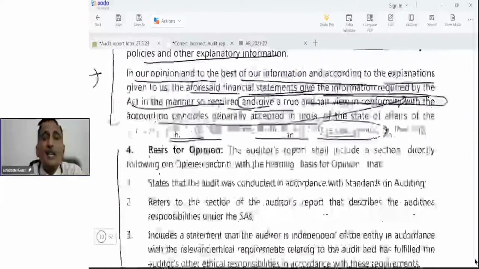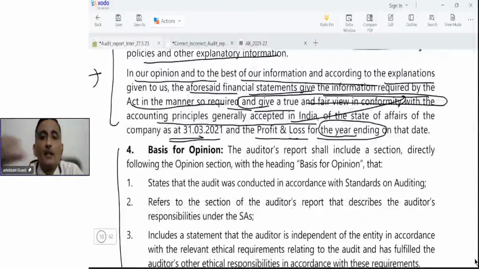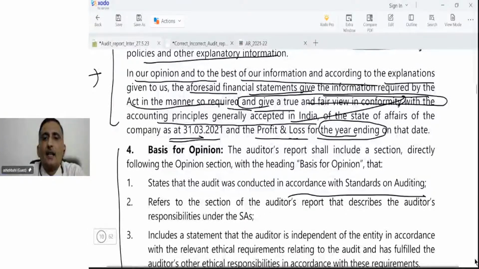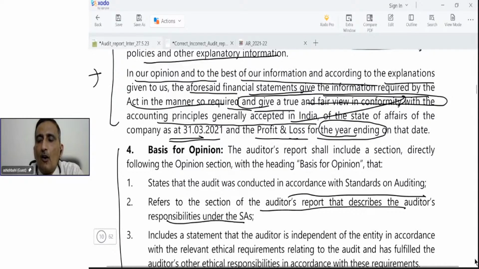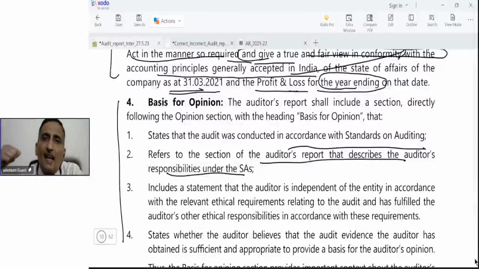Basis for opinion means how did you arrive at your unmodified opinion? Obviously, if you are giving an unmodified opinion, you would state that the audit was conducted in accordance with SAs. You would also state about the auditor's responsibility, that these are my responsibilities, and I am referring to that section. You would also state that I am independent of the company and perform the audit in an ethical manner. All ethical requirements have been fulfilled.